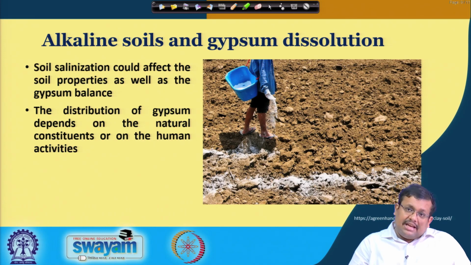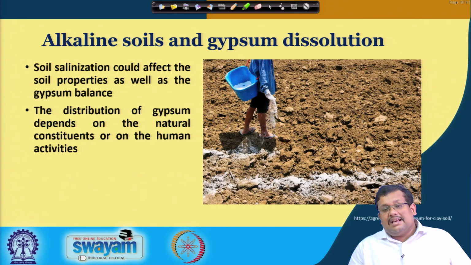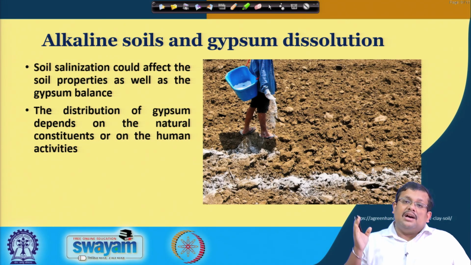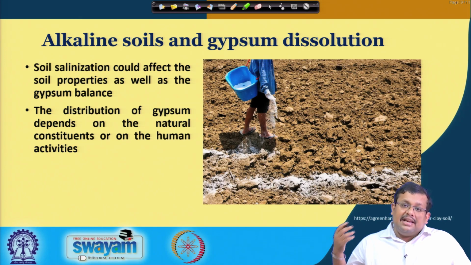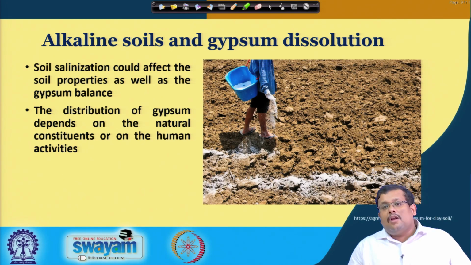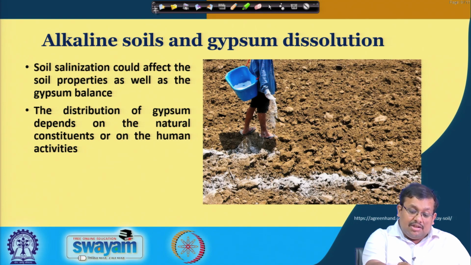Generally, to counteract the ill effects of alkaline soil, we apply gypsum. The calcium from the gypsum can replace the sodium in the exchange complex, and as a result the clay starts to flocculate, forming aggregates. That is why we generally apply gypsum in the alkaline soil. As you can see in this picture, farmers are spreading dusted gypsum in the alkaline soil.